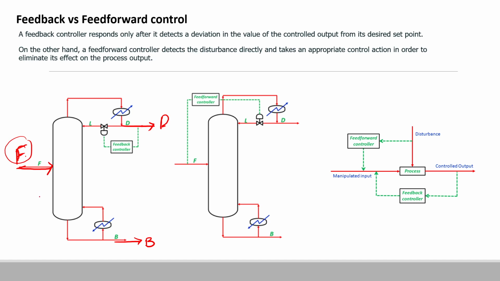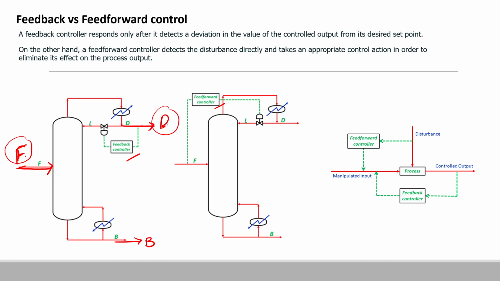So one way to control the outlet of the distillate through the distillation column, that is D, is through the feedback controller, and the other way is the feed forward controller. Since in this case our controlled variable is the distillate flow rate D, we need to monitor it. So we will measure this distillate flow rate by using a flow meter or flow indicator, and then feed it back to the feedback controller.